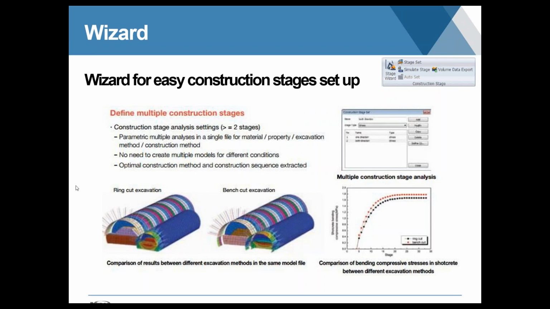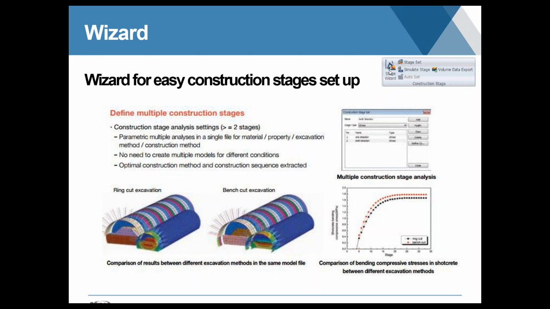But this is going to start to become tedious and inefficient if you're going beyond a very simple case. Once you get into something like a bench cut excavation, where you're removing sections of the tunnel at a time, not just the full face, this can easily shoot up to hundreds of stages.